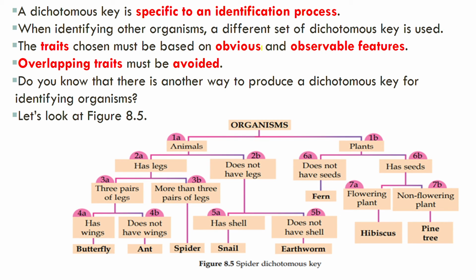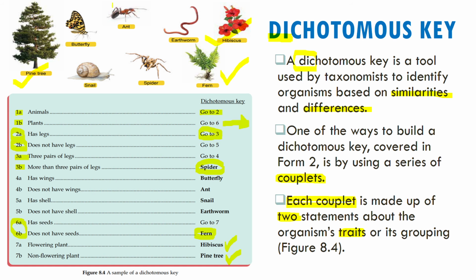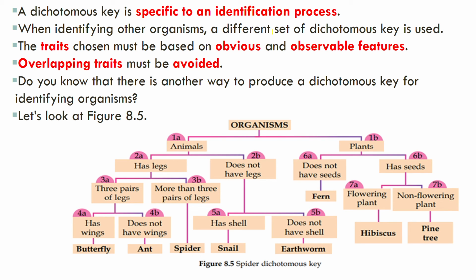Okay, so it is specific to an identification process. So when identifying other organisms, a different set of dichotomous key is used. Okay, kalau kita if we have to change this group of organisms, then we will use a different set.